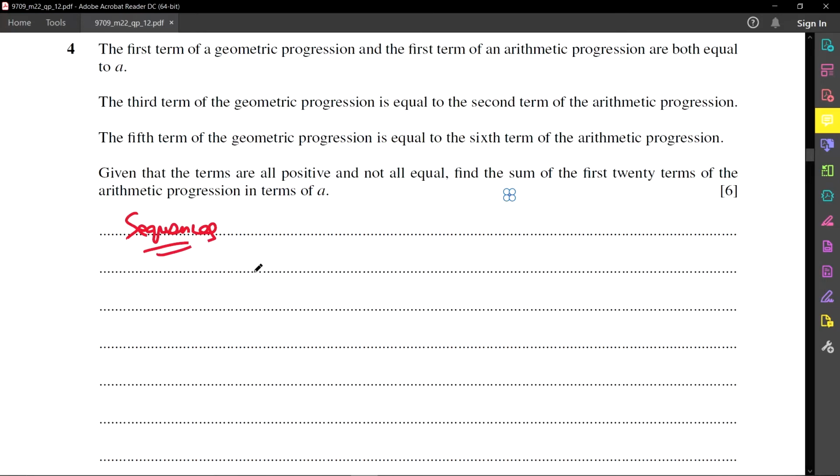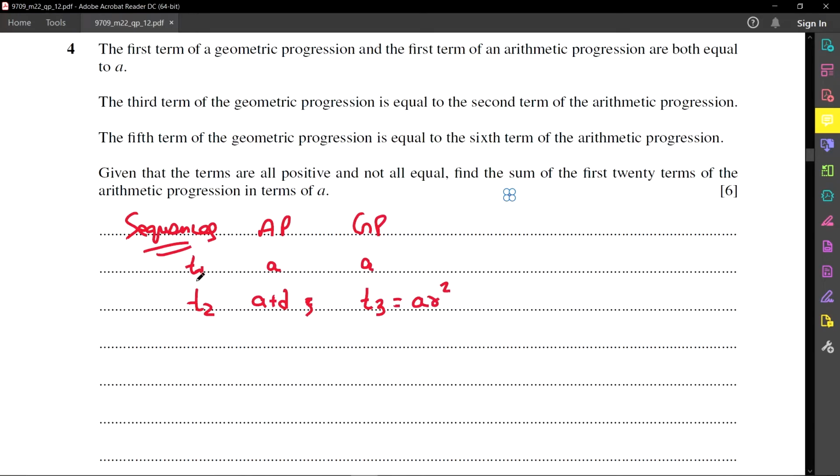The first term of a GP and the first term of AP are the same, so better you write it this way to understand better. The first term T1 is A in both cases. The third term of the GP is equal to the second term of AP. And here the second term is nothing but A plus D. And here the third term is AR square.